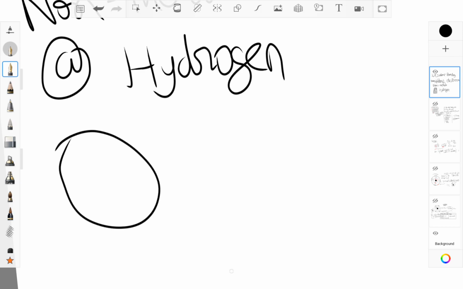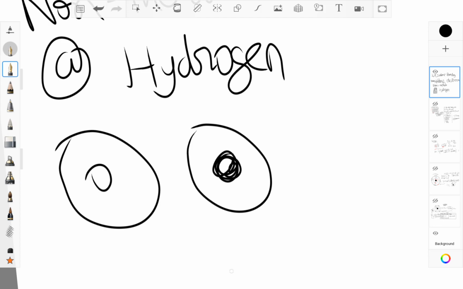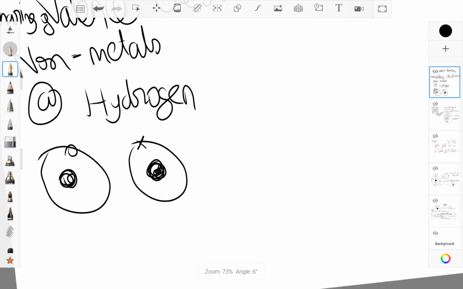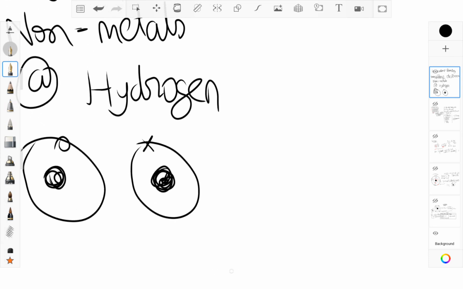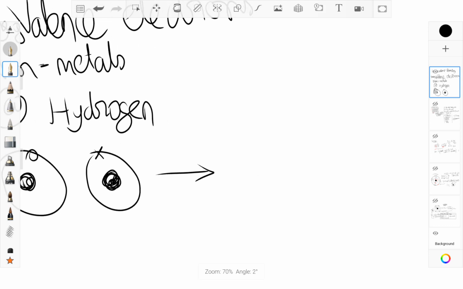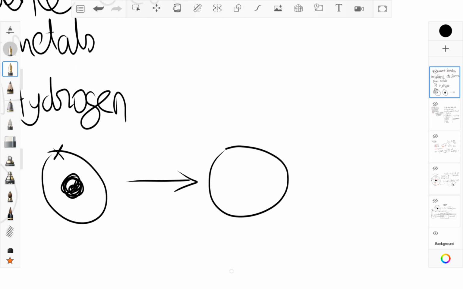So if I have two hydrogen atoms right here, this is the nucleus of both of them, 1, 1. Let's represent the second one with an X. Because they both need a full outer shell, the best thing that they can do is share their electrons.